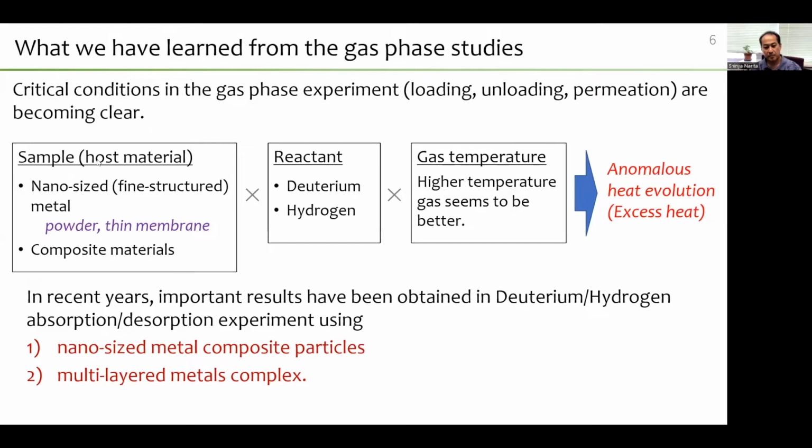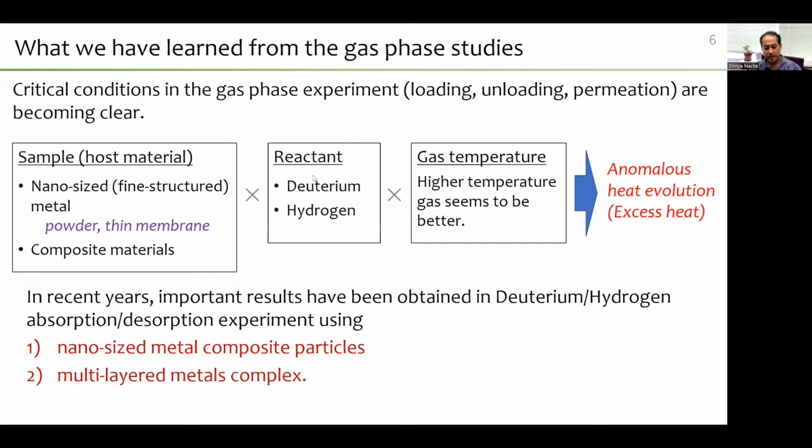So as for the sample conditions, that is the sample being the host material, at first nano-size, fine structured metal is an important condition. In addition, metal composite, or metal and metal oxide composite, seems to be a key in the condition of the sample.